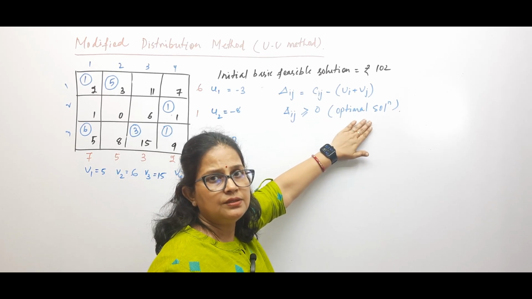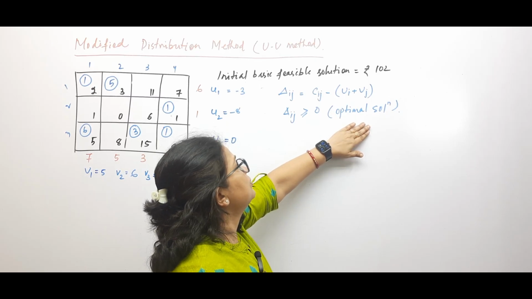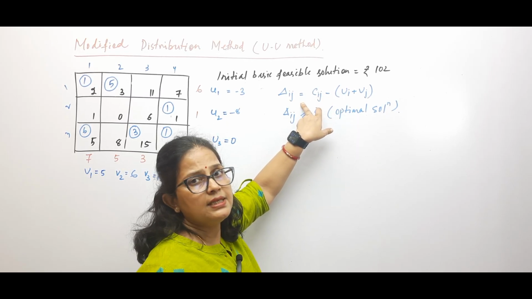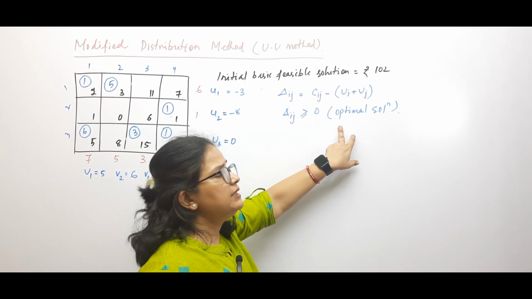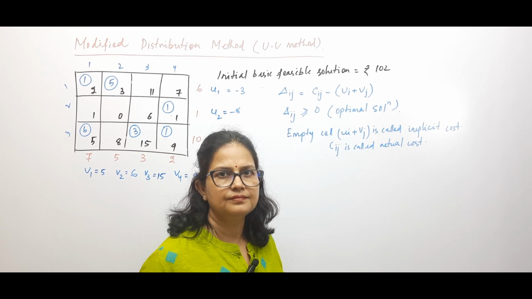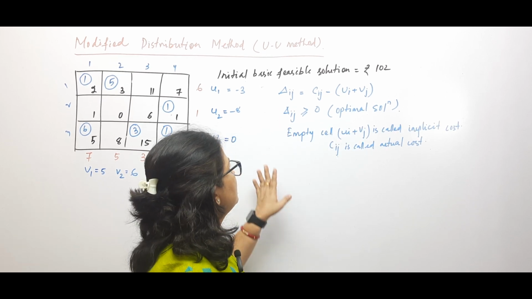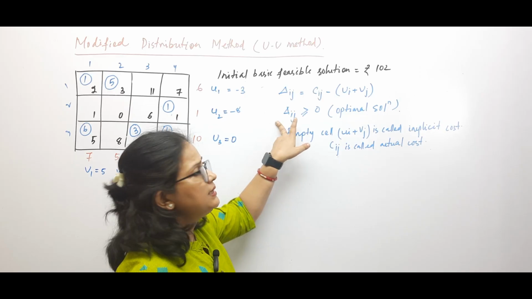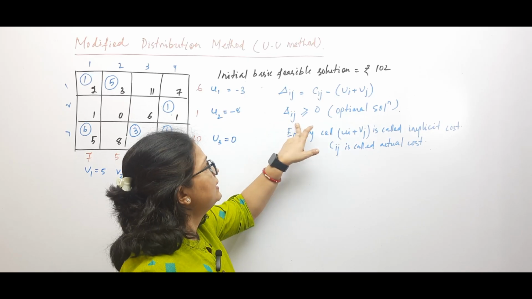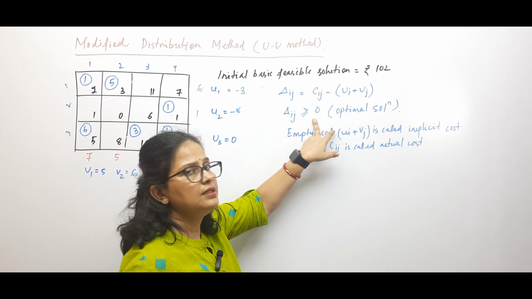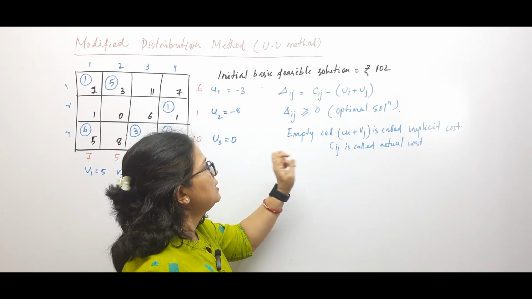This is the formula to get the delta ij value and for the optimality test. So for the optimality test, we need to check that delta ij should be greater than or equal to 0.